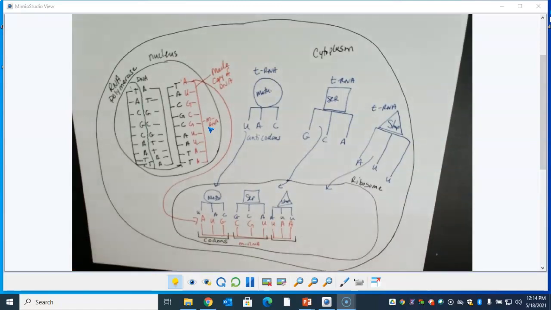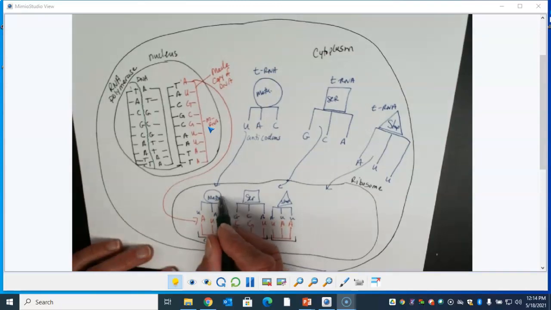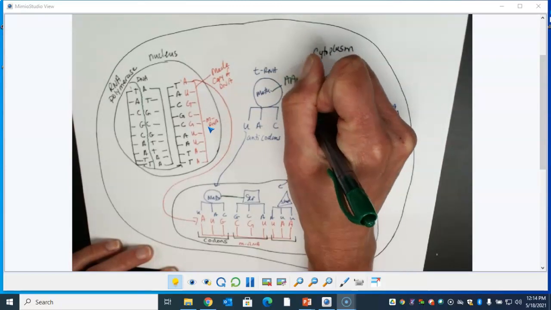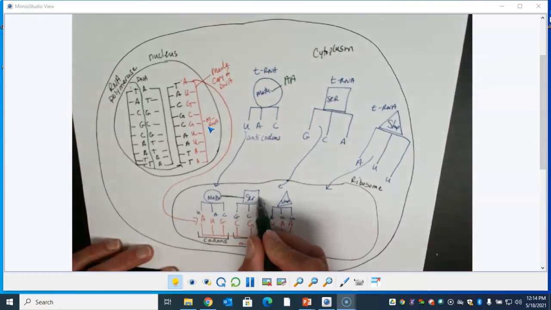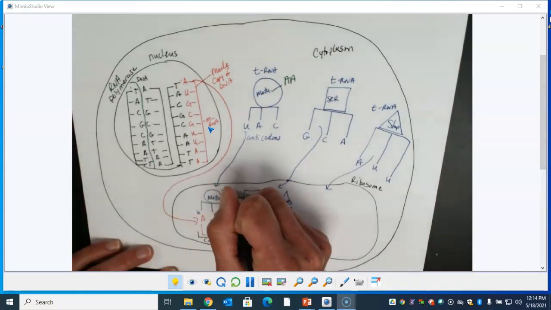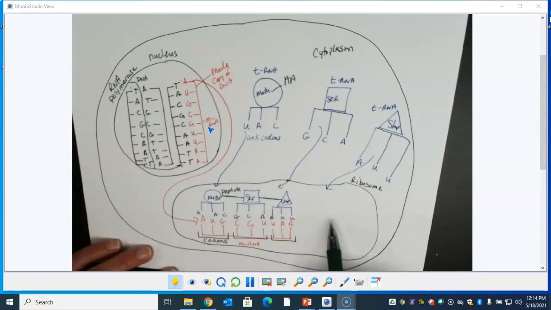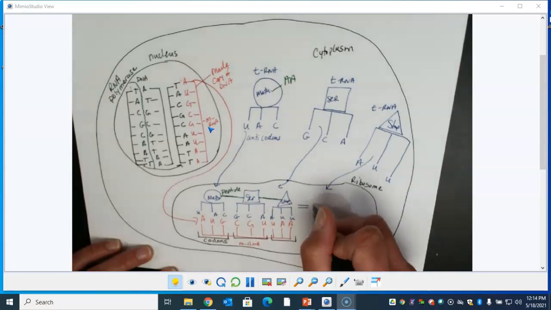So then what happens is our amino acids are going to be linked together by peptide bonds. And as soon as the ribosome reads the stop, that means our protein is made. So our protein is going to look like this.